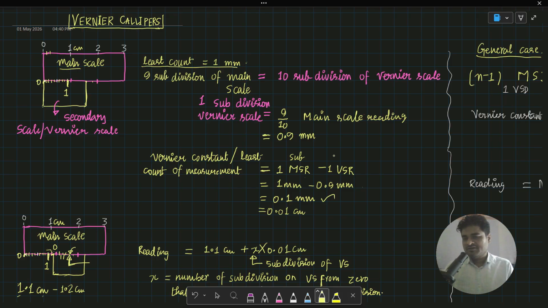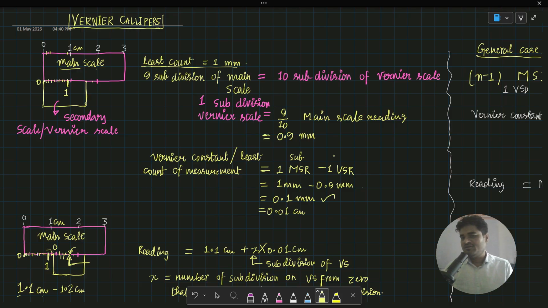We take 9 subdivisions of the main scale and use a secondary scale, or Vernier scale. It is called Vernier scale because this method was devised by Vernier. So essentially we are taking 9 subdivisions of the main scale, which become 9 millimeter, and dividing it into 10 parts of the secondary scale subdivision.